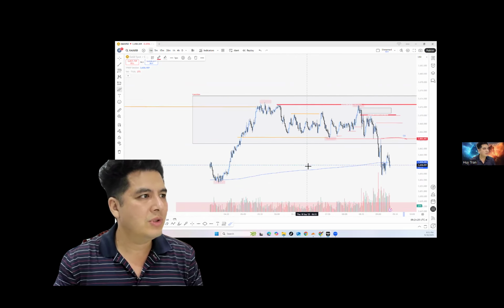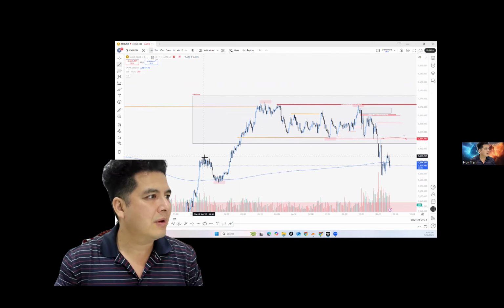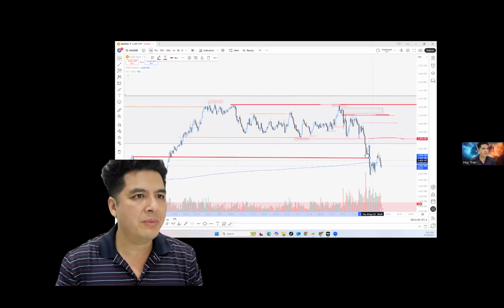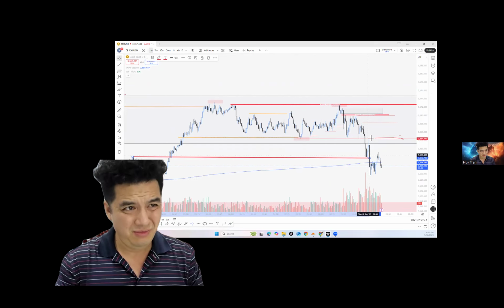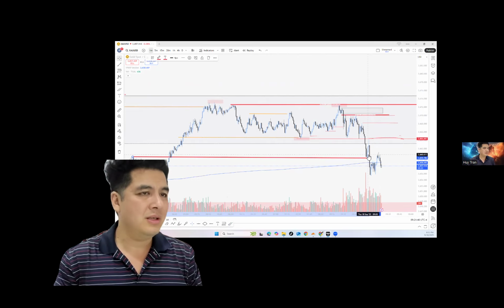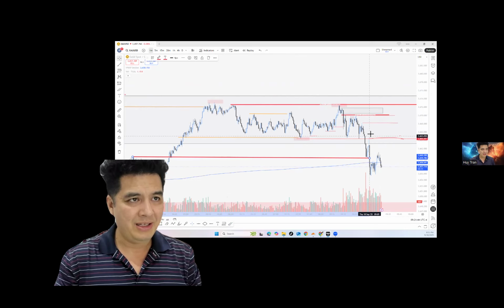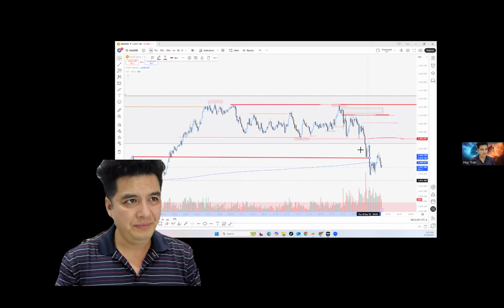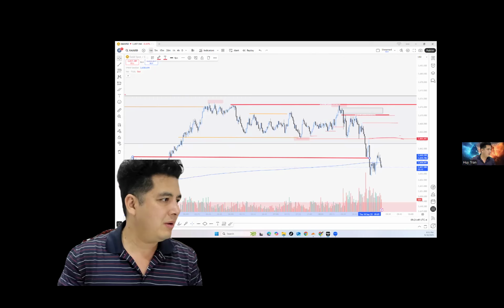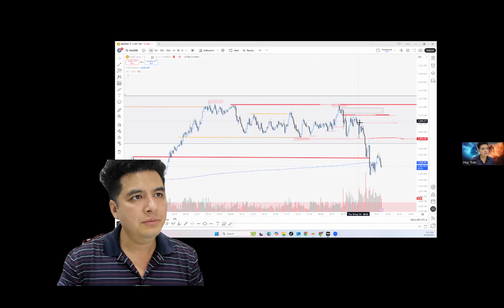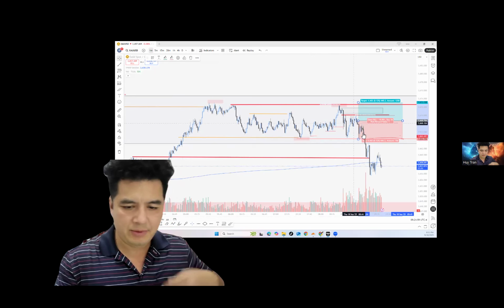The market reacted right here. I was assuming it was going to be a reversal, but essentially it just had a nice reaction to this price point and then continued further.